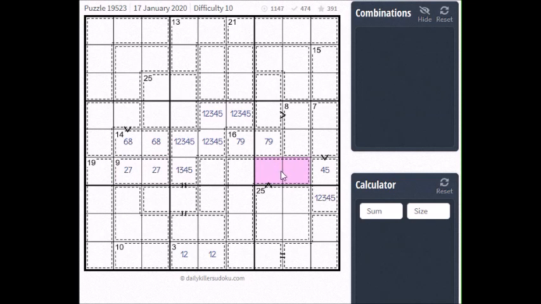So here we have 1 plus 15, which is 16. The only combination for a 16 of 5 cells is 1, 2, 3, 4, 6. So the 4 must be there, and this would be 5. This would be 1. Now this would be 3, 4, and this would be 2, 6.